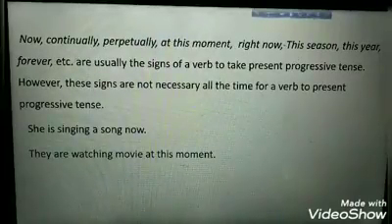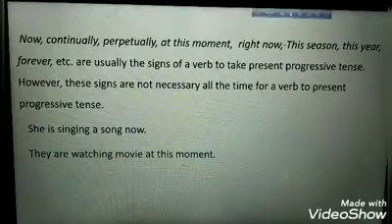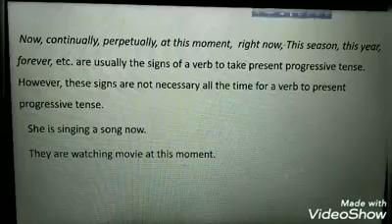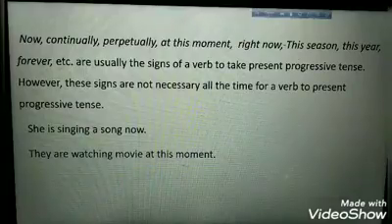However, the signs are not necessary all the time, but these are the common indicators of present continuous tense. For example, she is singing a song now. They are watching a movie at this moment.